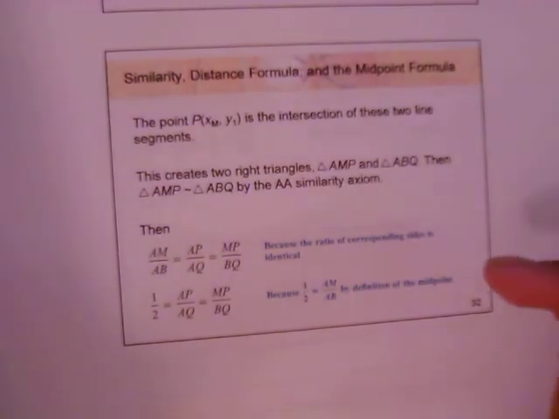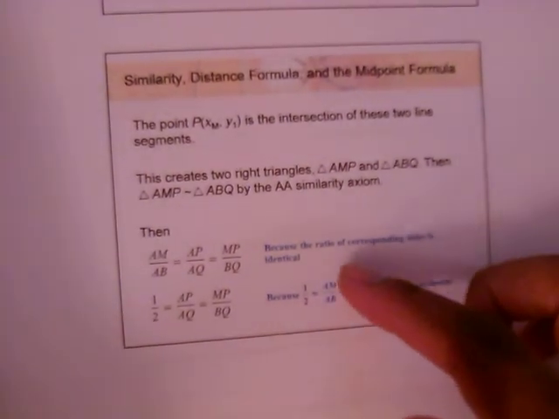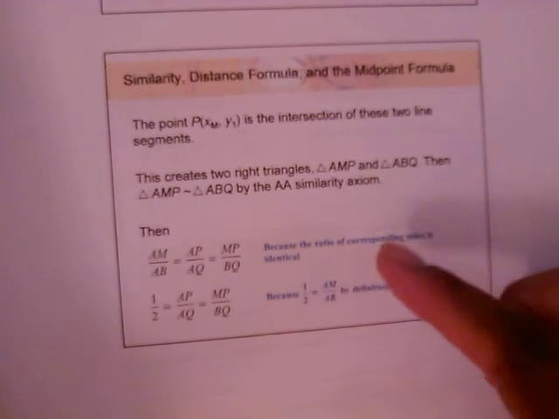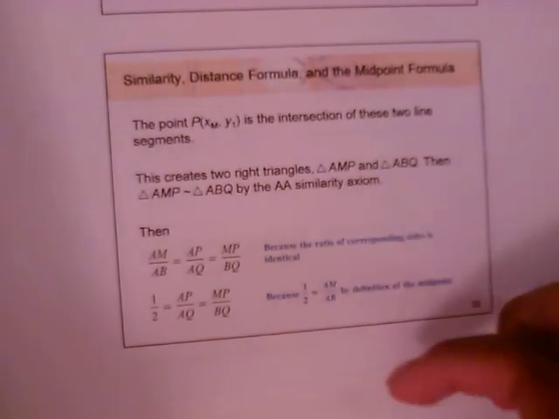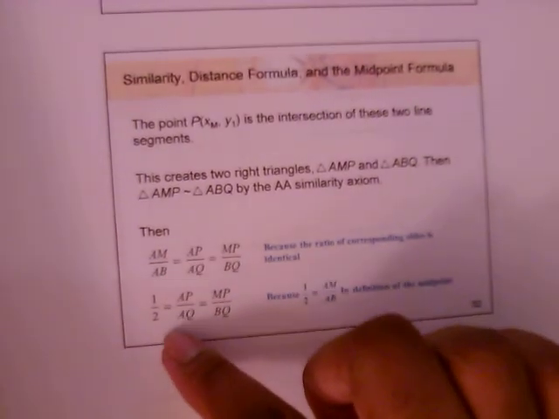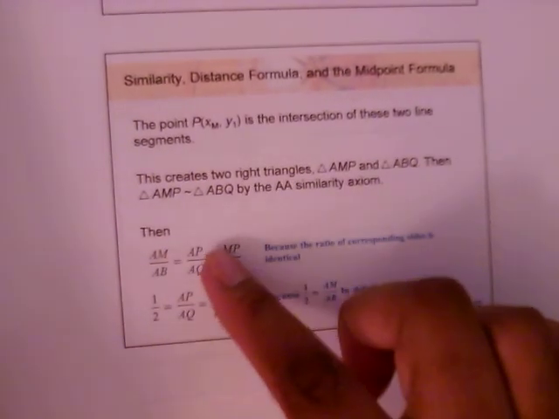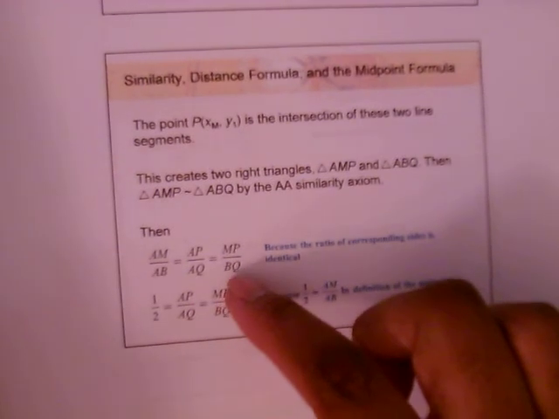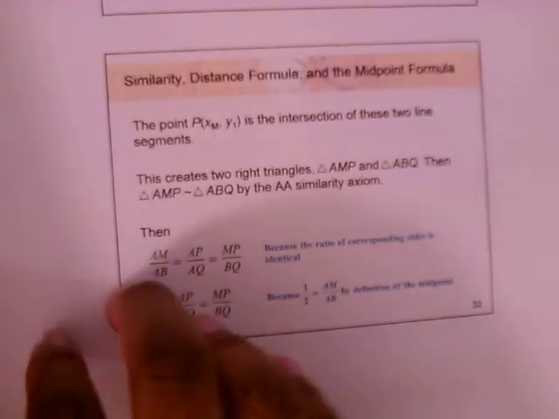Now, because AM to AB is going to be equal to 1/2 by definition of the midpoint, AM to AB will be 1/2. That's equal to AP over AQ equaling MP over BQ.